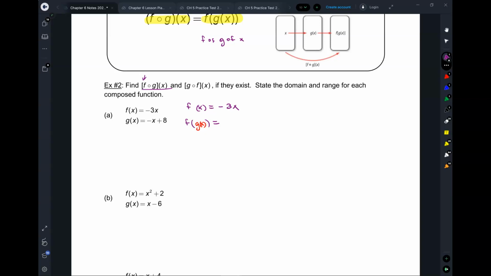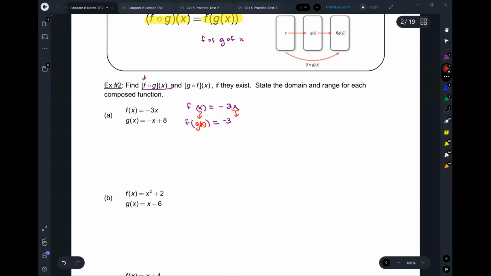So now compare not the right side, just the left side, f of x with f of g of x. If I have f of x and I ask you to find f of a, what do you do? Replace x with a. So what happened in going from f of x to f of g of x? This time, the x got replaced by g of x. So in my function, I have a negative 3 times x.